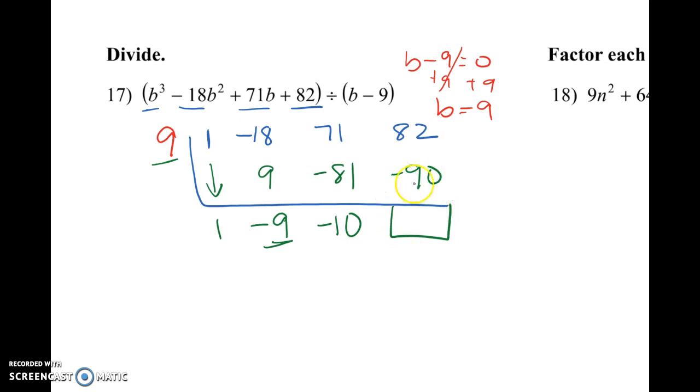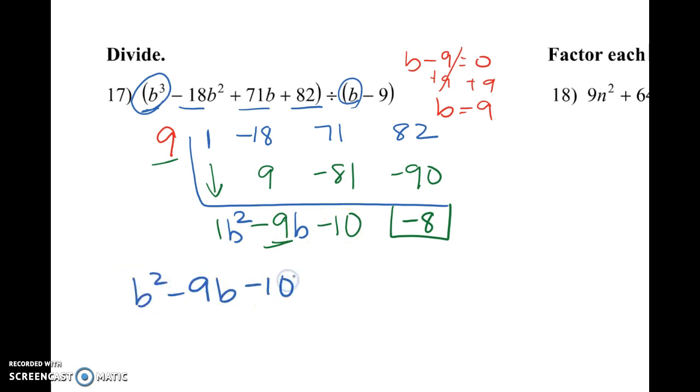So my remainder is going to be a negative 8. So the way I write this is I took b cubed, and I divided it by b. So my answer is going to have b squared. Then I decrease my exponents by 1 each time, and I get b squared minus 9b minus 10, and my remainder goes over what I divided by.